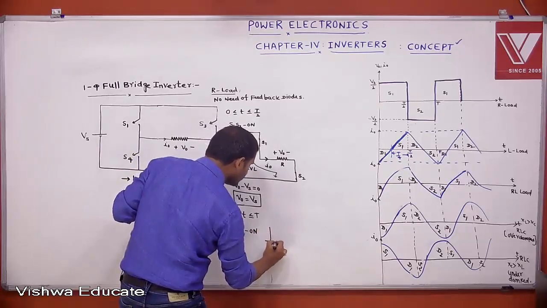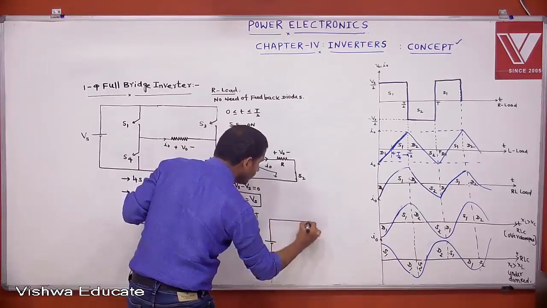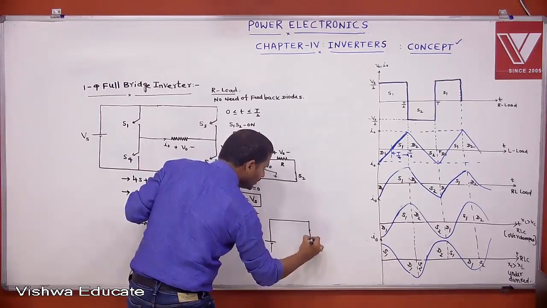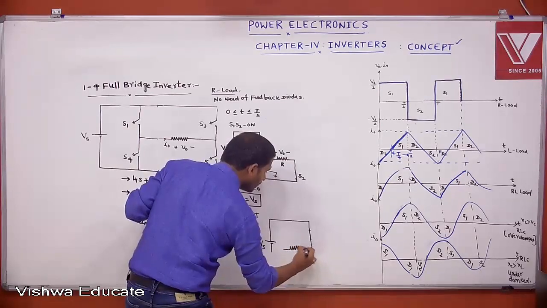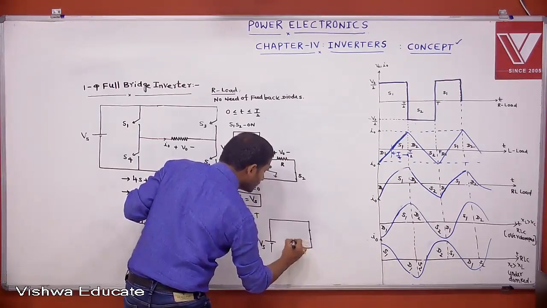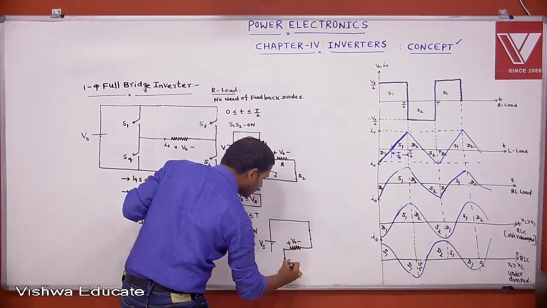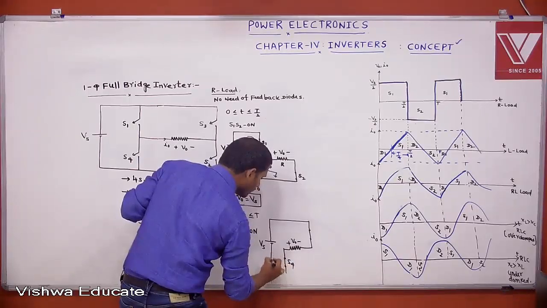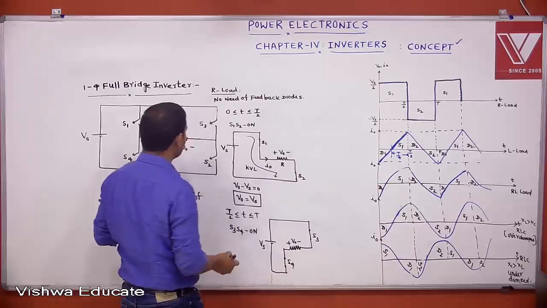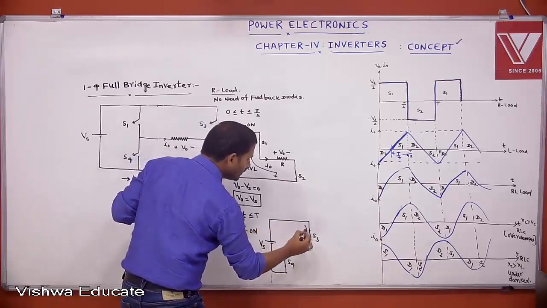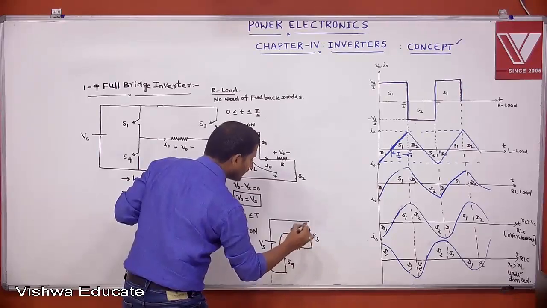That you will see: plus minus Vs, with S3 on and S4 on, and plus minus V0. The switches are like this now, conducting like this. Then apply the KVL.